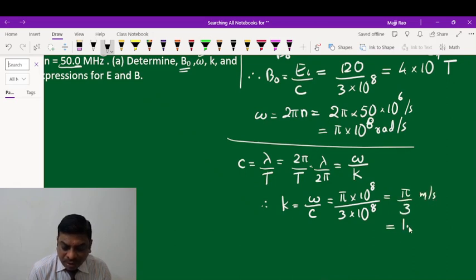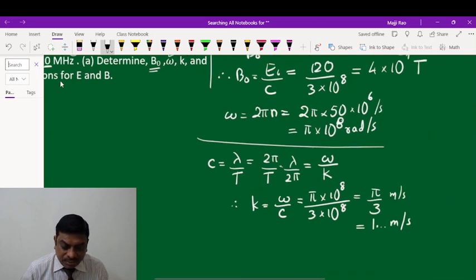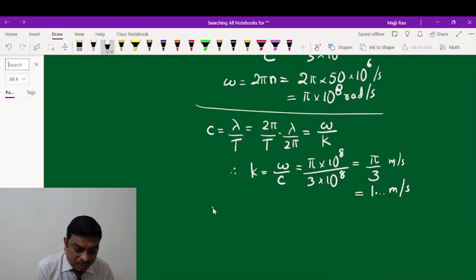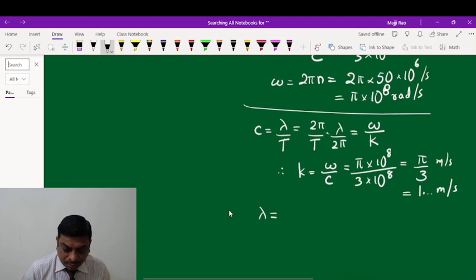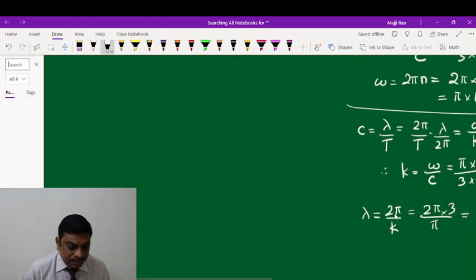Maybe 1 point something, because pi is 3.14, so slightly more than 1. Then we require lambda. Lambda will be 2 pi by k. Since we have already found k, we can substitute here: 2 pi by k, with k being pi by 3. So you get 6 meters.